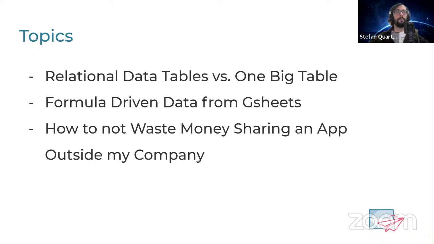The first one was, when or how do I use relational data versus having just one big table in my app? This is a question that a lot of new users to AppSheet come to the table with. They may have something in a Google Sheet or a process based around Google Forms, and so they have data in a more flat structure.